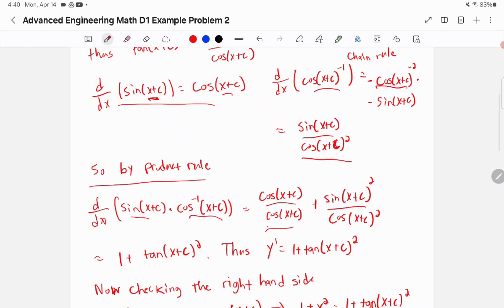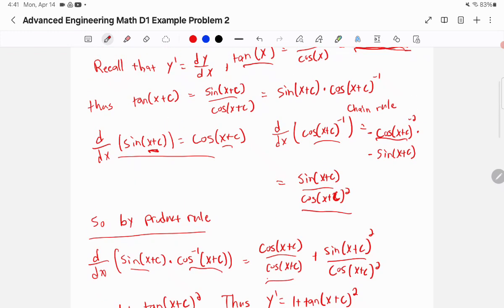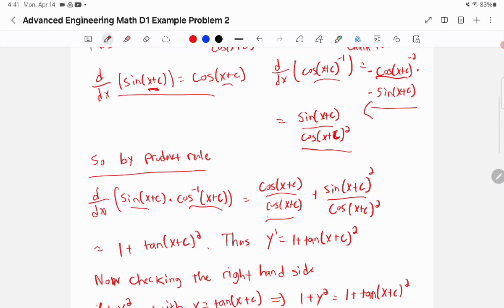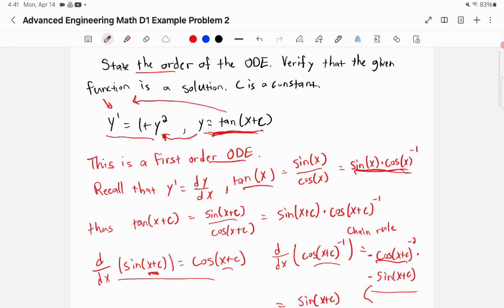And then the second part is, we take the derivative of the second part, which is written right here, sine over cosine squared, and multiply it times the first part, which is sine, and we get sine squared over cosine squared, of x plus c.